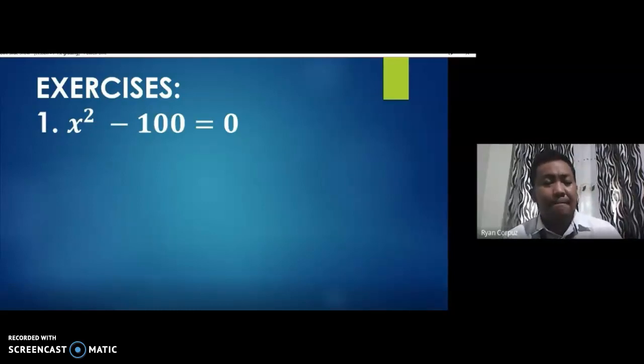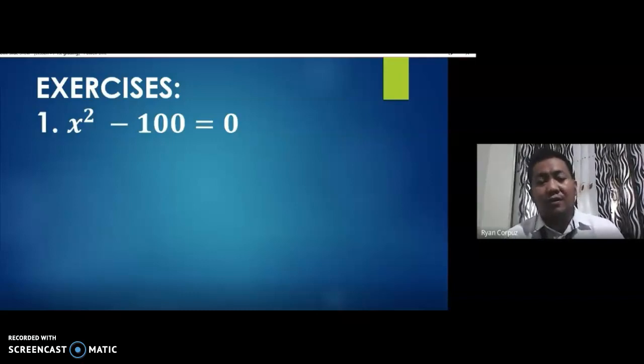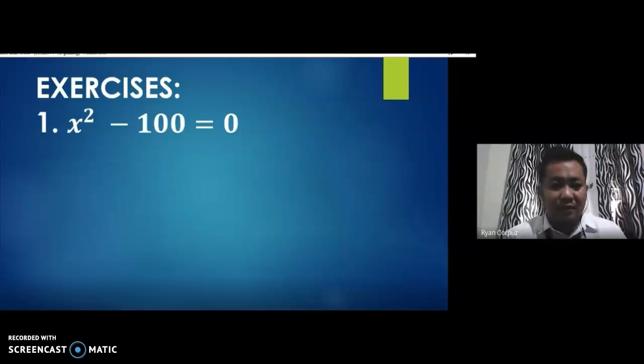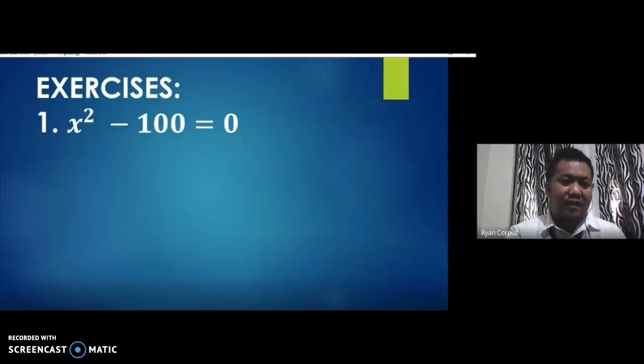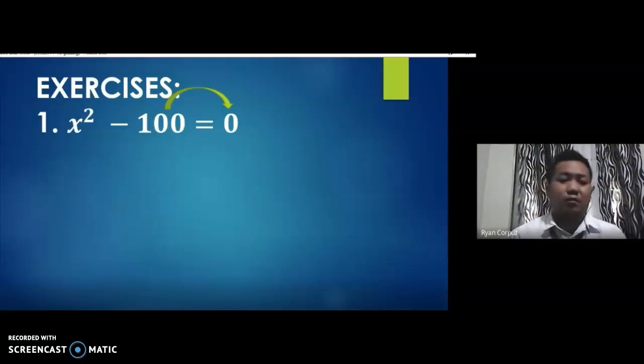we have to write the equation in the form x squared is equal to k. So in that case, since it is written x squared minus 100, the first thing you're going to do is to move negative 100 to the right side of the equation.